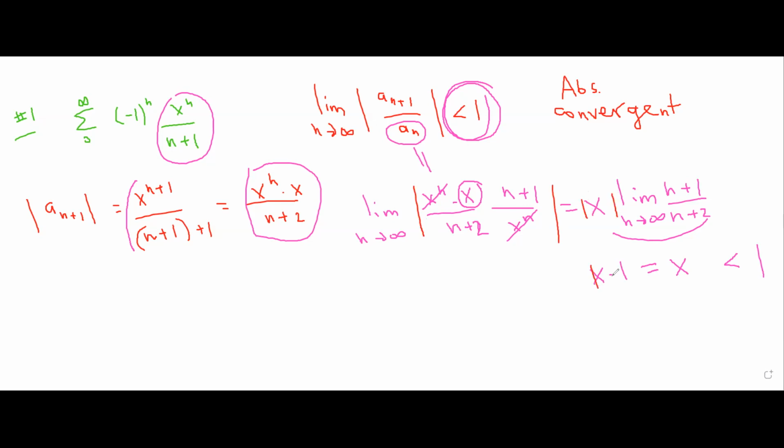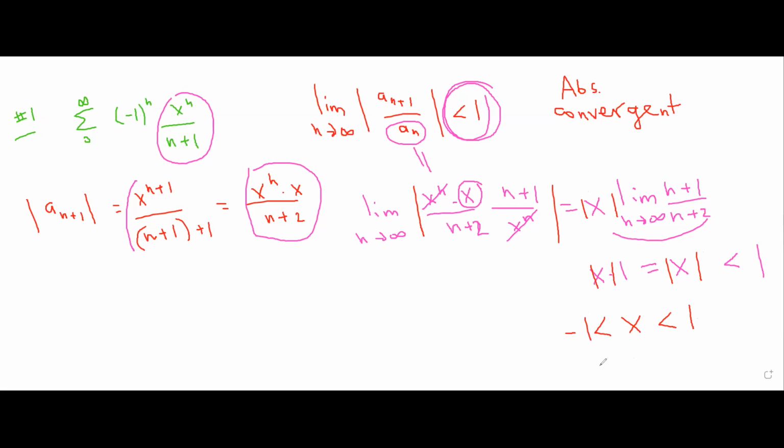So we have absolute value of x is less than 1, or in between of -1 and +1, we have values of x in here. And that's why sometimes people say the radius of convergence is 1.